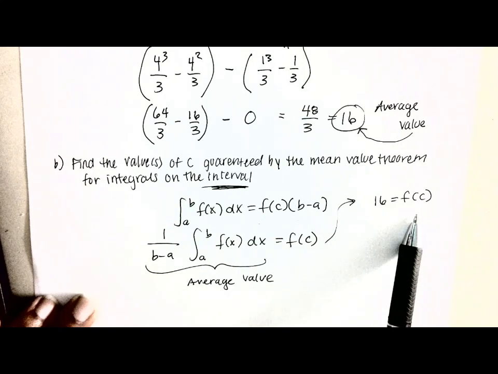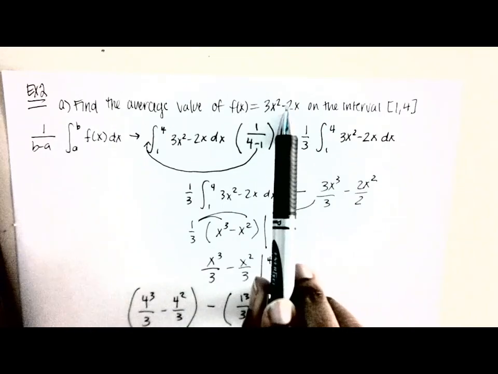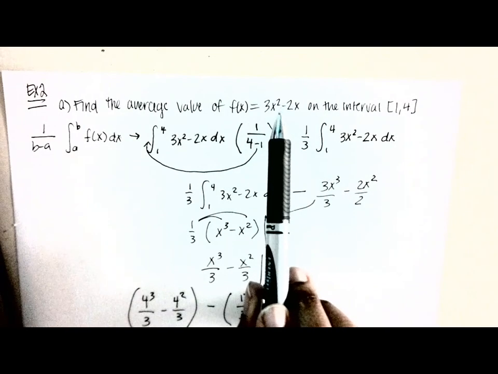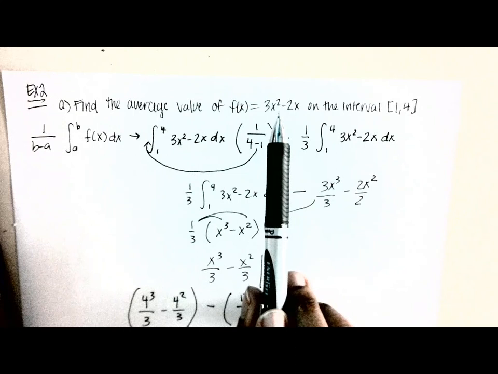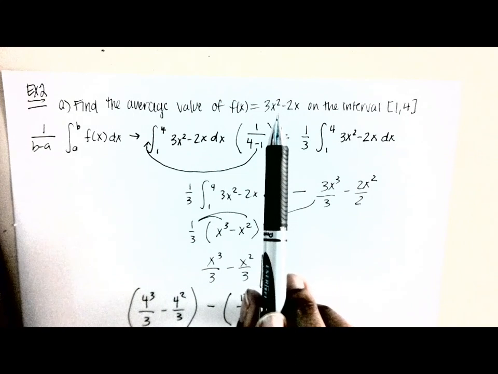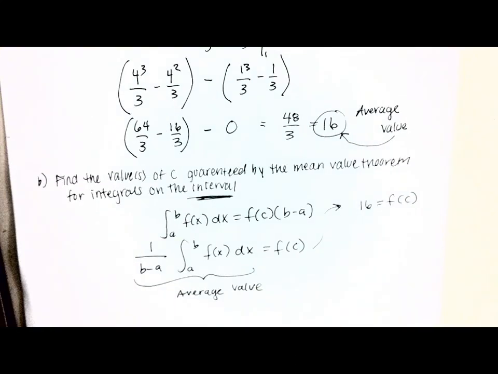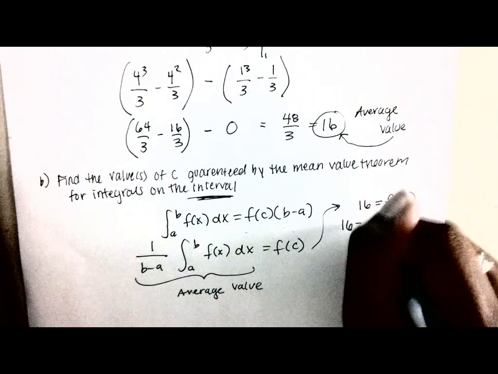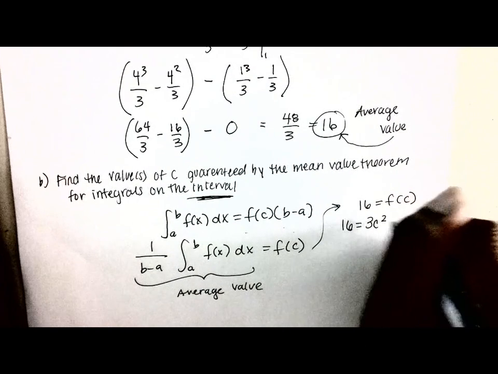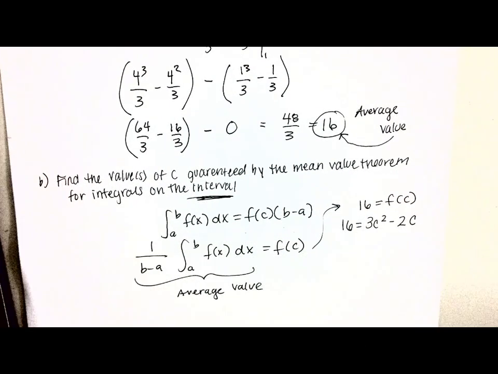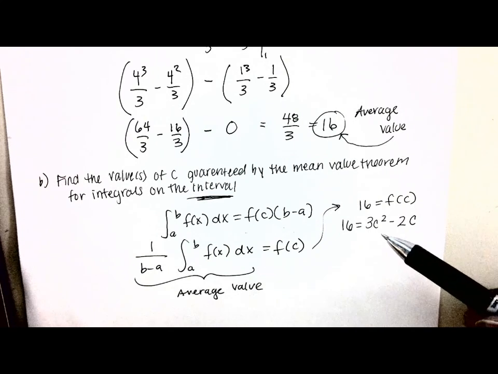So I have to go back to my f of x, and I'm going to set 16 equal to my f of c. So 16 equals 3c squared minus 2c. That's a quadratic.